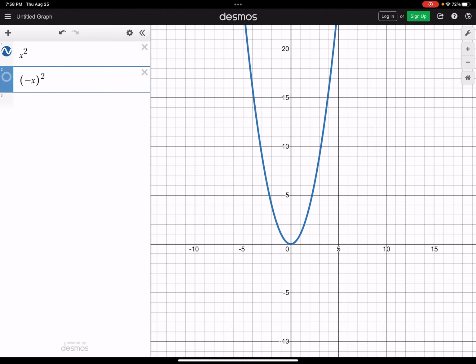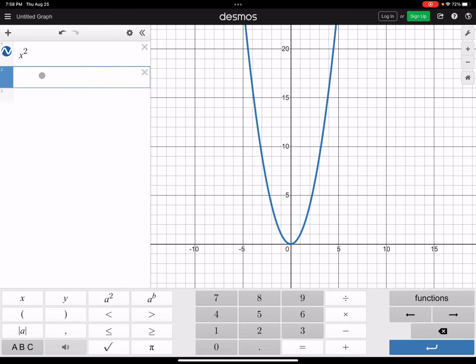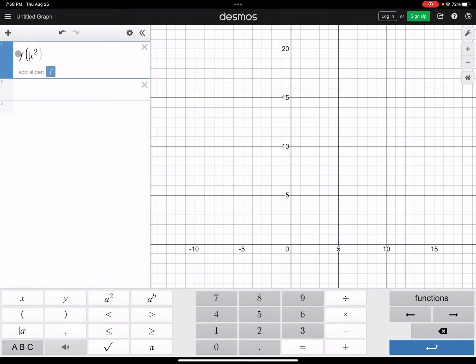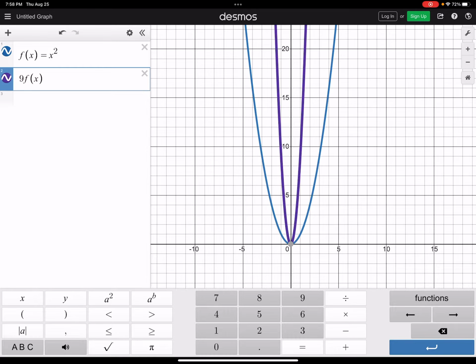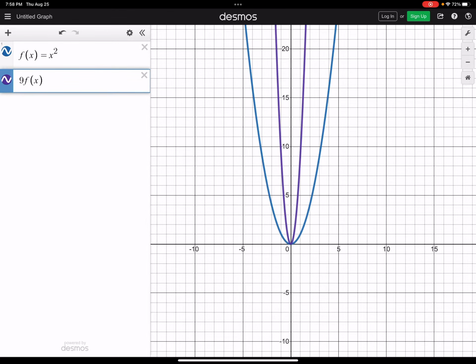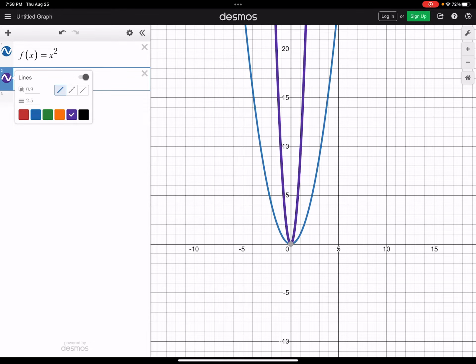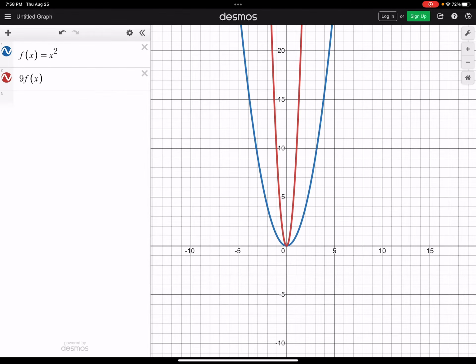Look, I'll do my graph. Nice, I already got x squared there. By the way, just to hit this home, this is f of x, right? If I say 9 f of x, notice, and I'll change that to red so you can see the real difference here, how that vertically stretches it, right? And now, I'll do another color.